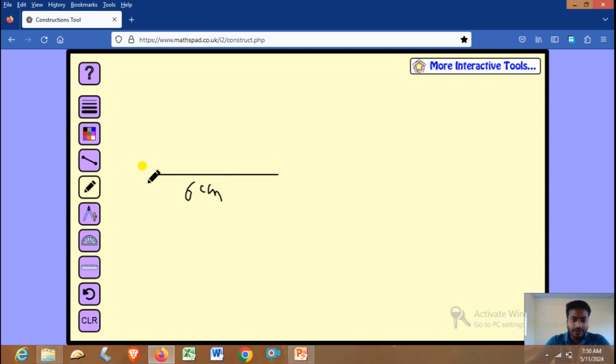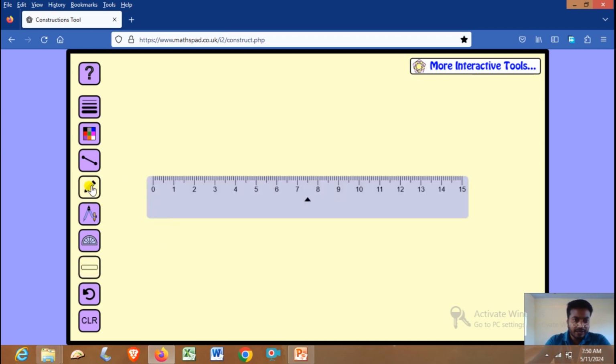Even the name also you can mention like A and B. Am I clear you all? This is how we have to draw the line segment. Let me show you once again. First take the scale, then take the pencil and keep your pencil where the 0 is marked. And then start drawing.